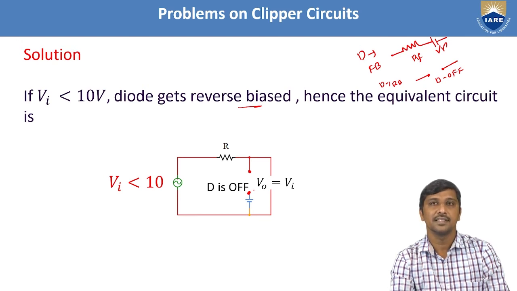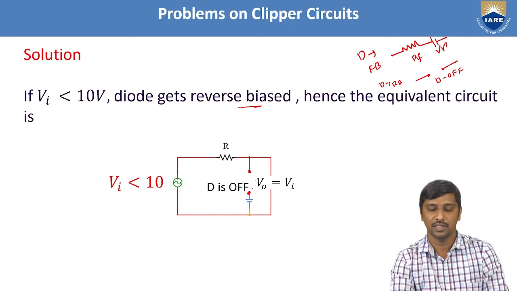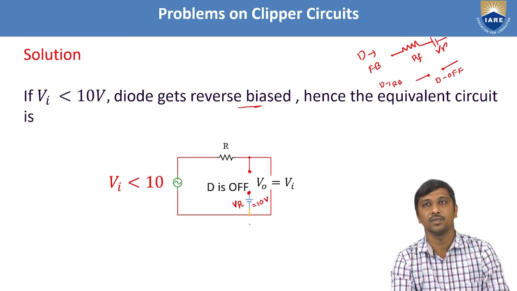Reverse resistance being infinite means the current flowing across the diode is zero. So I represented that here. It's clear. So the diode is replaced with an open circuit, and this point is the reference voltage, which we consider to be 10 volts.